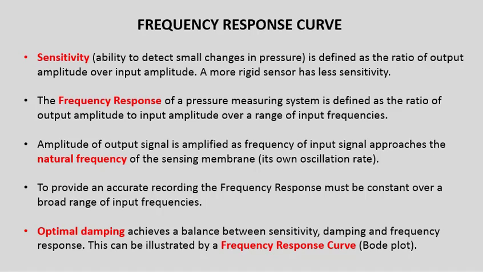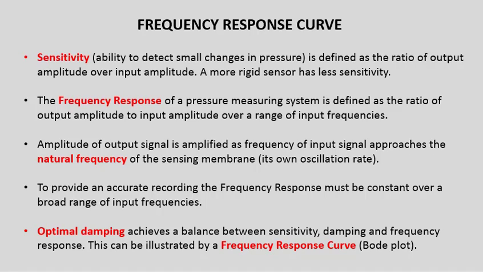And that is defined as the frequency response of a pressure measuring system. It's the ratio of the output amplitude to the input amplitude over a range of input frequencies, so that 120 over 80 measurement has to be constant, irrespective of the frequency of the heart rate, whether the heart rate is 20 beats per minute, 100 beats per minute, or 200 beats per minute.